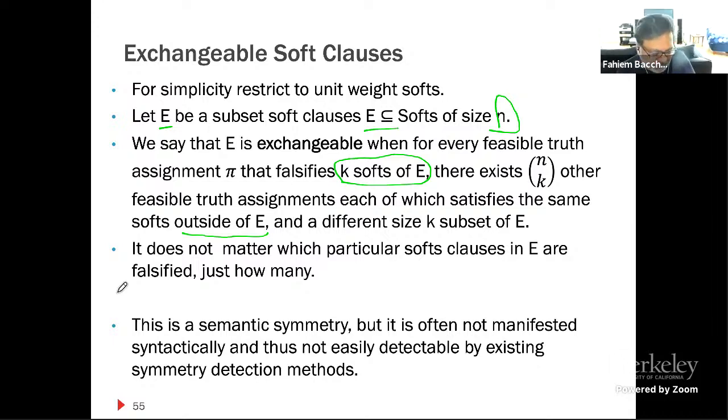And as we discussed in Morin's paper, if you look at most MaxSat formulas, even formulas that are specifically designed to have this kind of exchangeability, they are syntactically never symmetric. So if you run standard symmetry detection mechanisms, which work on the syntax, they never detect symmetries. But these semantic symmetries do seem to exist quite frequently.